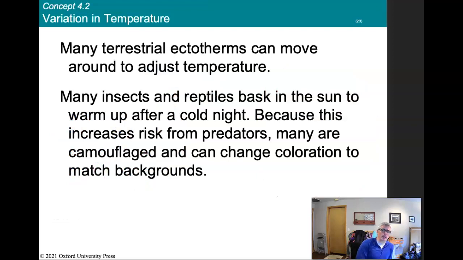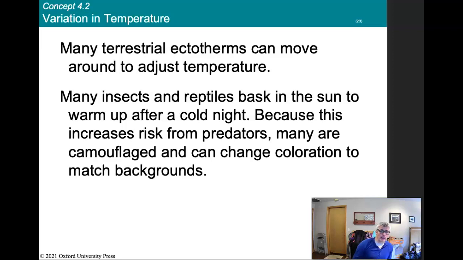And many terrestrial ectotherms can move around to adjust temperature. Many insects and reptiles bask in the sun to warm up after a cold night. But this also increases the risk from predators. When you just wake up and you haven't had your coffee and you're laying on a rock for all the world to see, there's a good chance you're going to get picked off and eaten.